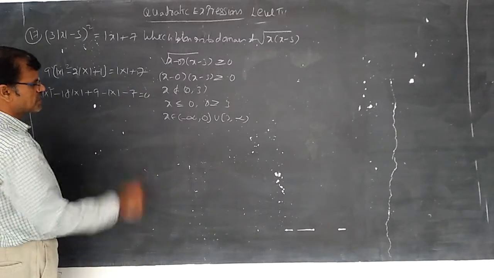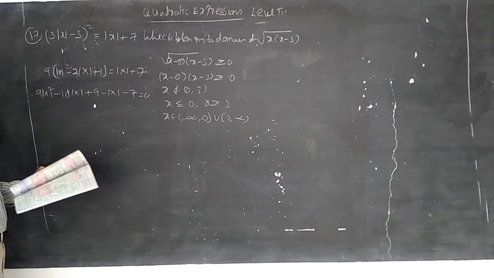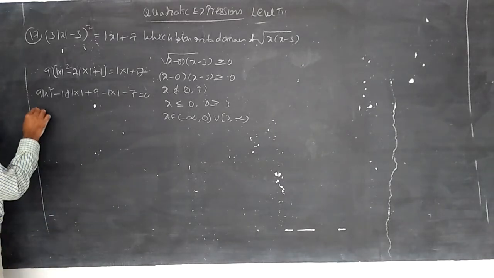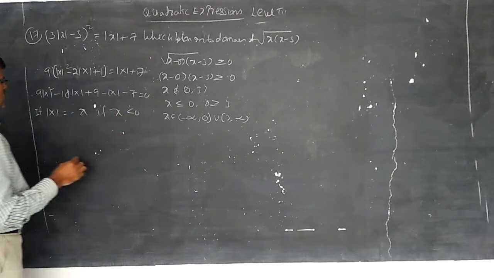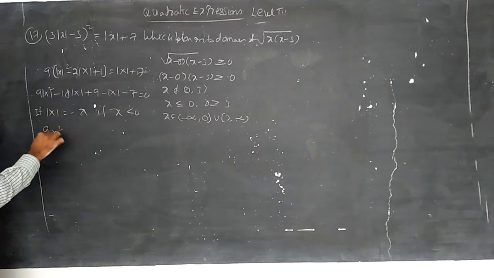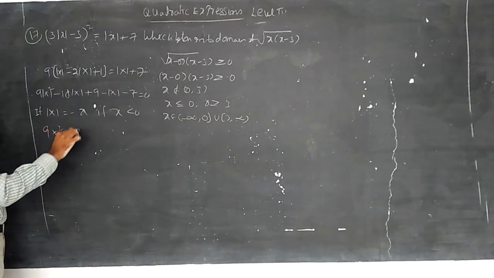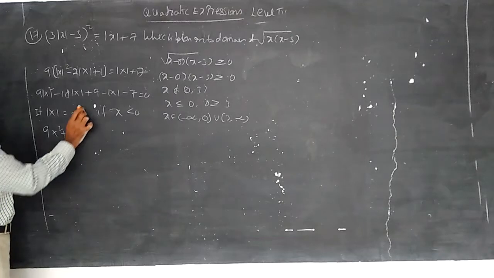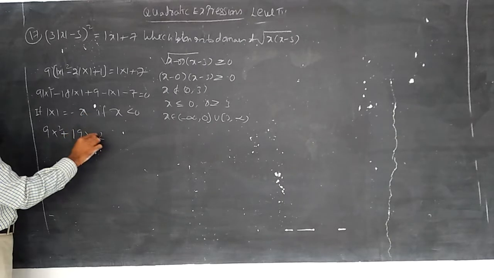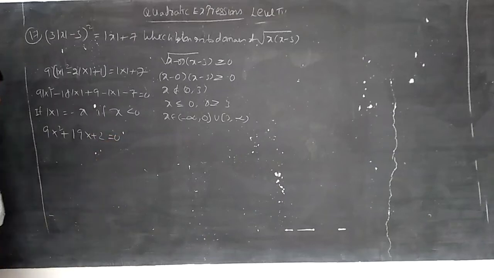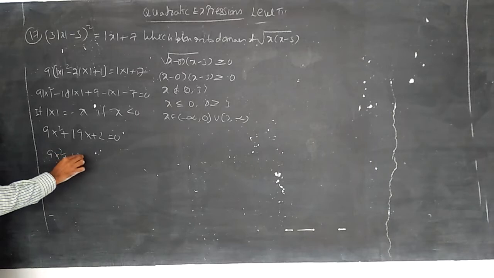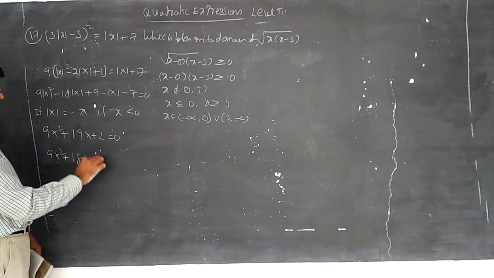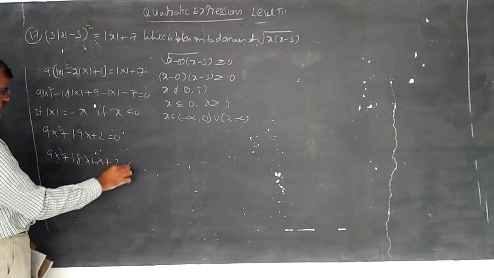We should consider negative instead of negative or positive. If mod x is equal to minus x, that is, if x less than 0, it becomes 9x square plus 18x plus x plus 2 equal to 0, that is 9x square plus 19x plus 2 equal to 0. 9 twos are 18, so 9x square plus 18x plus x plus 2 equal to 0.